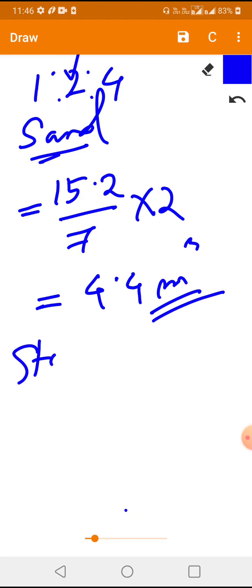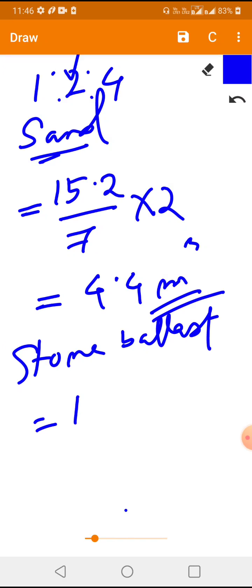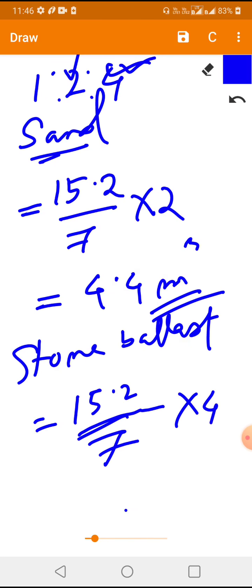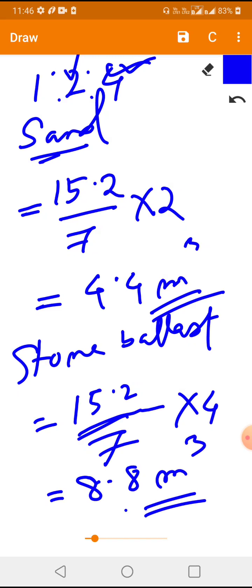What is the quantity of stone ballast? 15.2 divided by 7 multiplied by 4 is the contribution of stone. It will be 8.8 meter cube. So in this way we have calculated the quantity of cement, sand and stone.